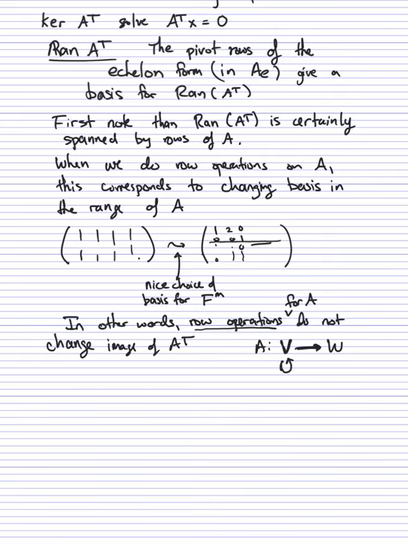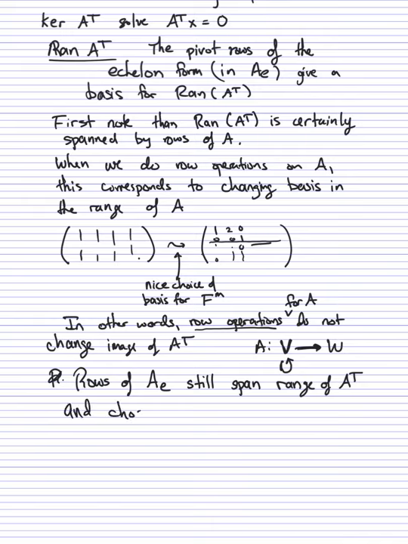So the pivot rows of the reduced echelon form still span the range of A transpose. You haven't changed what the range is at all, just written them in nicer form.